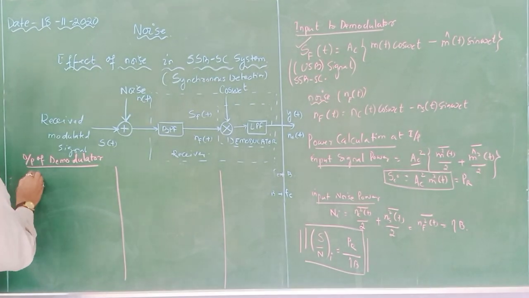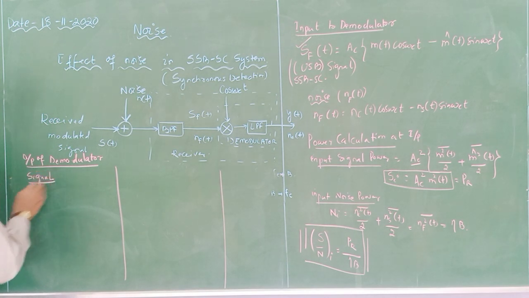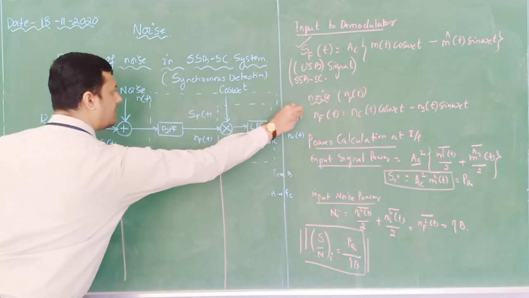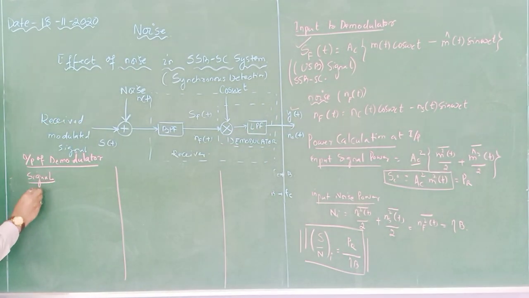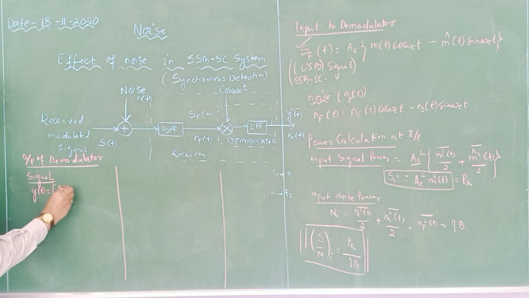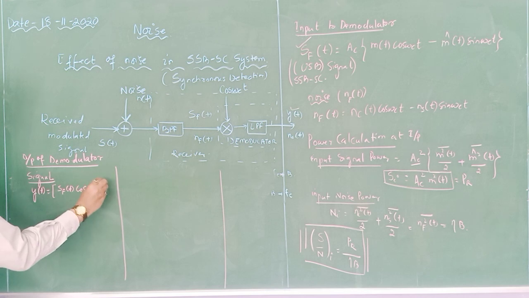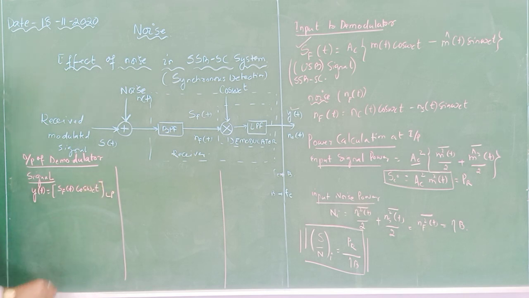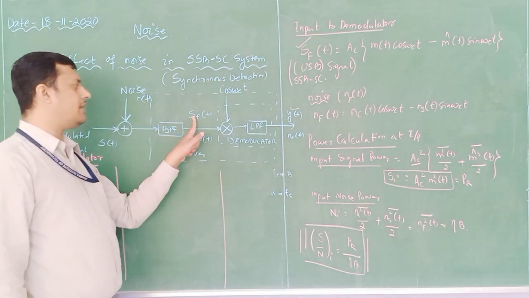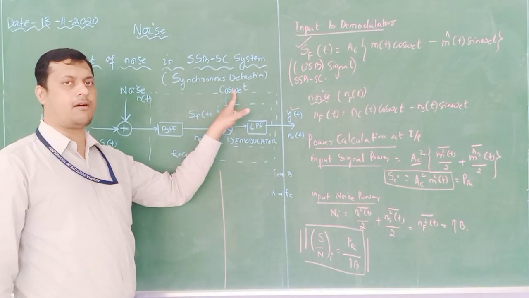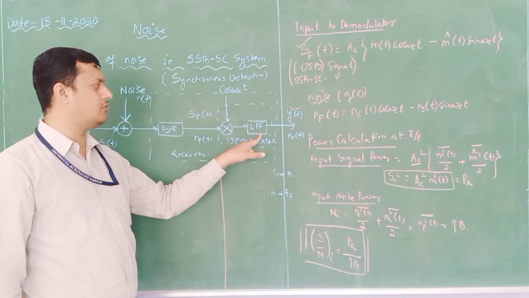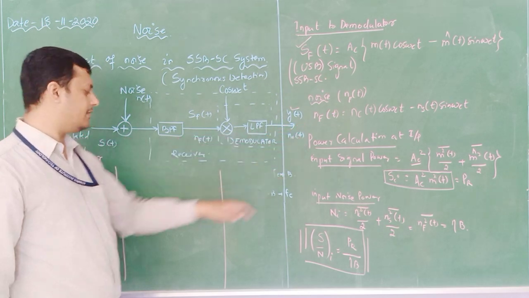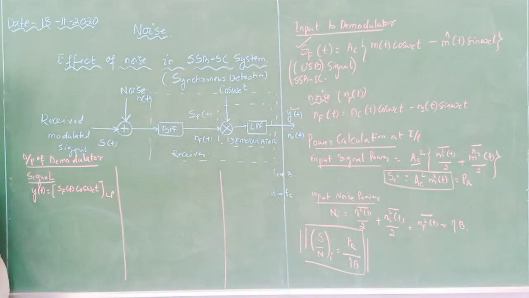So first I will identify with respect to signal. The signal is y of t. Now what is y of t? Y of t is SF of t cos omega ct passed through the low pass filter. So this is my particular value.